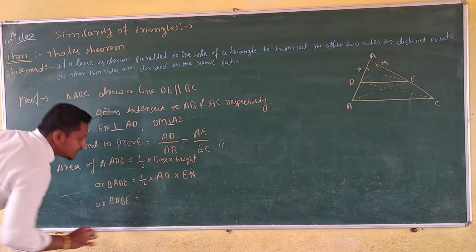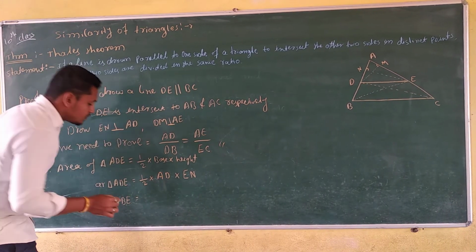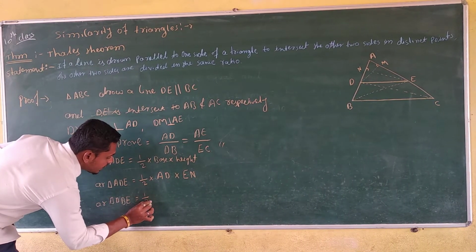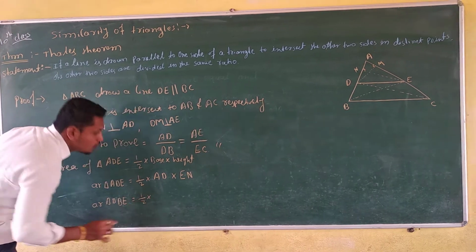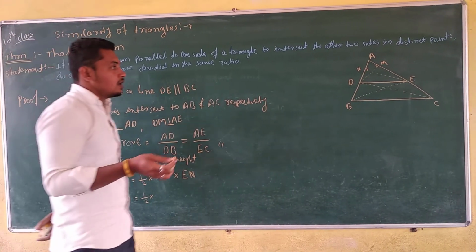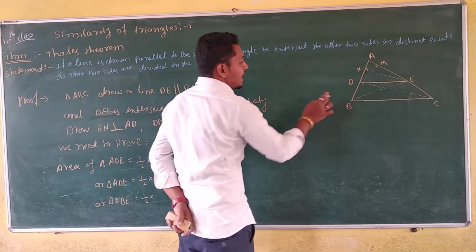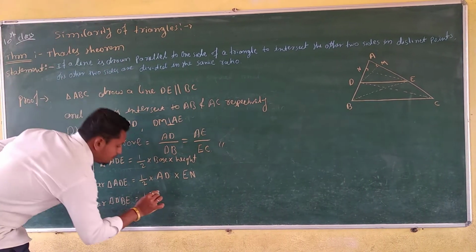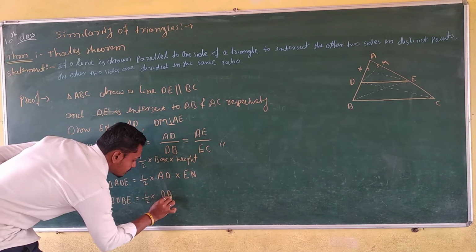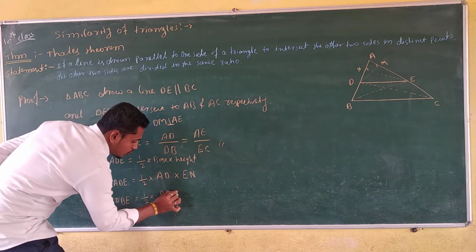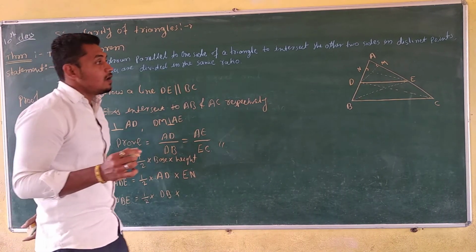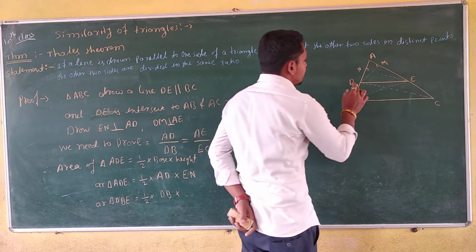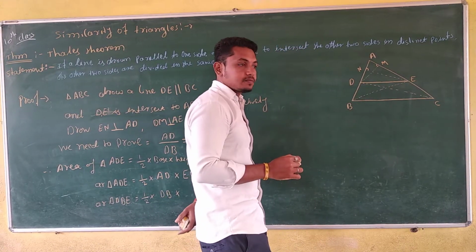Triangle DBE is equal to, what is the formula for the area of a triangle? 1 divided by 2 into base into height. Now we take DB as the base of triangle DBE. DB as a base into, now say, what is the height in this triangle?